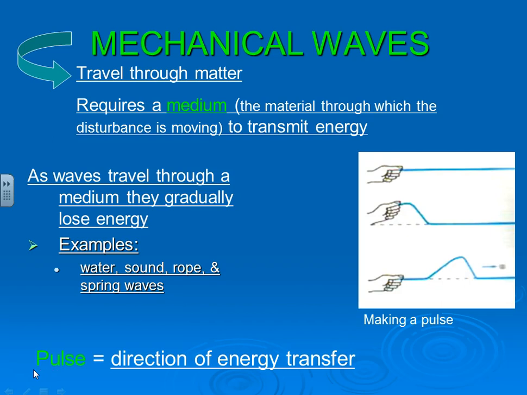The person in this slide who is holding the rope is creating a pulse and sending the energy in a particular direction. You drop that pebble into the lake outside, back behind your house, you're creating a pulse. You're sending energy in a particular direction. So there's some stuff that you need to know in order to talk about mechanical waves academically.